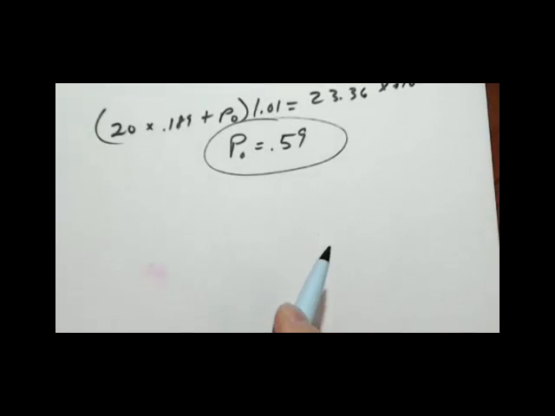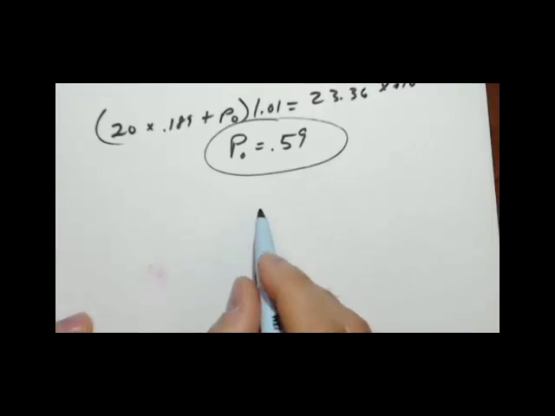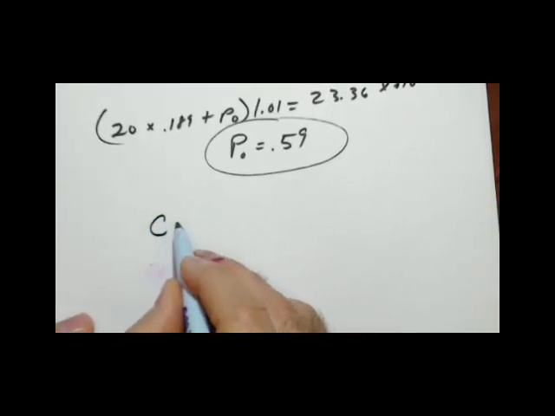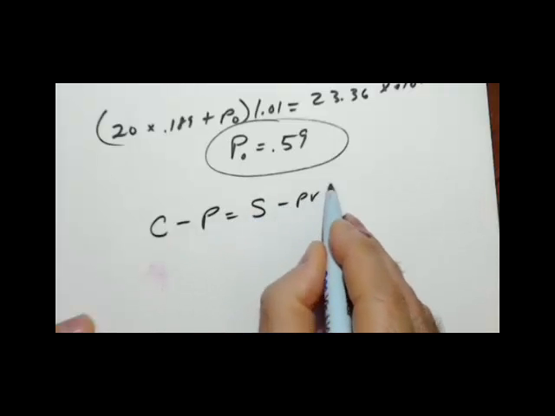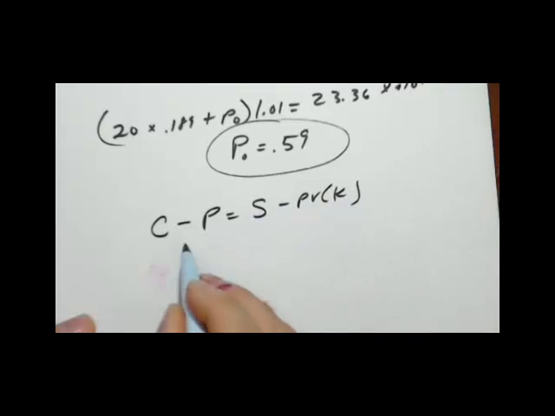Let's use a formula and a method that we looked at the end of the last two chapters, chapters 9 and 10 in those notes. Remember, we did put-call parity. We said that the value of a call minus a put equaled the stock minus the present value of the strike. So let's check it out.